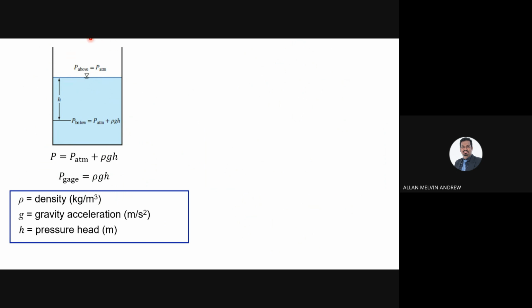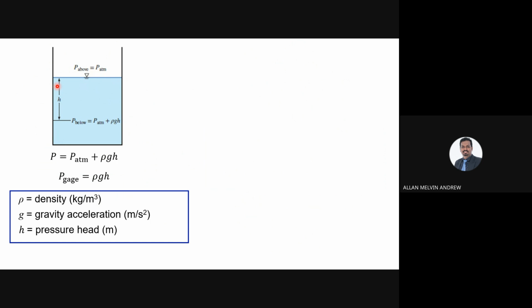Let's say you have a cup of water; the top surface will be connected to the atmospheric pressure. So the P above, the pressure above, equals atmospheric pressure. In the calculation, normally this atmospheric pressure will be given.